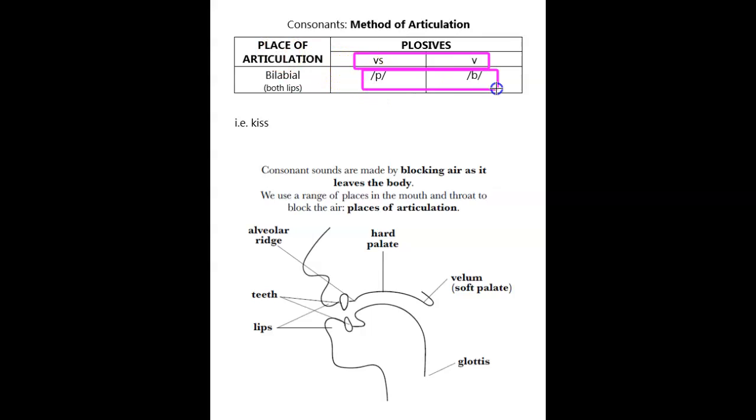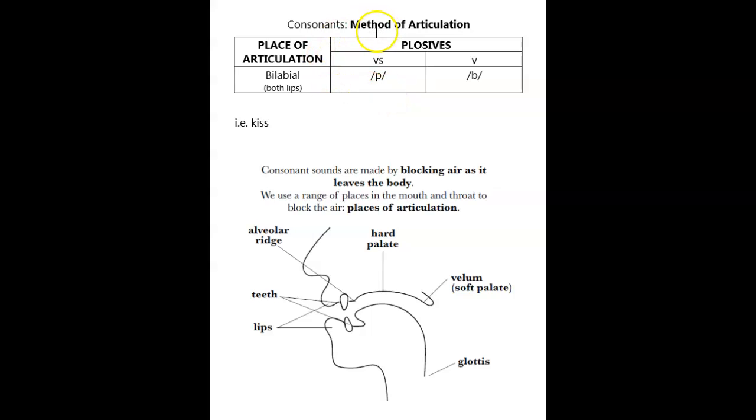So the cognate pairs are p and b, because one is voiced, one is voiceless, using the same place of articulation and the same method of articulation. Alrighty? Okay, so again, these are cognate pairs.